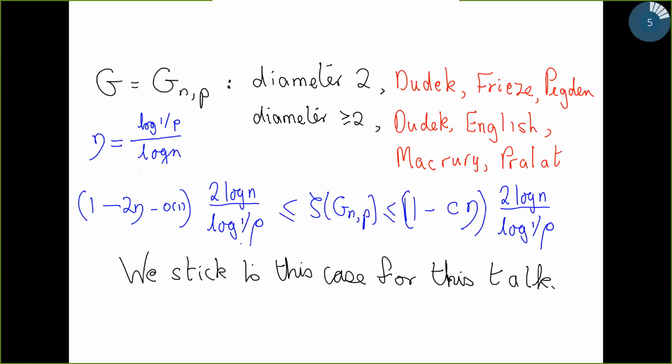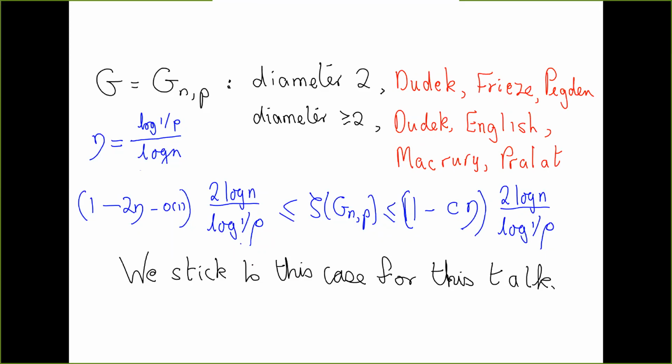Okay, so what do we know? For the diameter 2 game, with G as G(n,p), with Dudek and Pegden, we sorted it out to a certain extent. So we said that zeta of G(n,p) is given by the expression at the bottom.